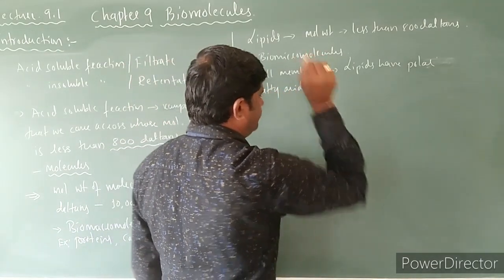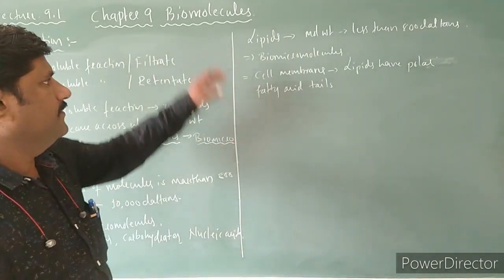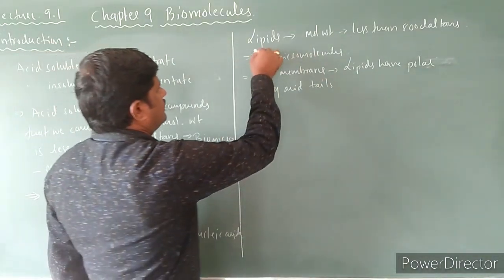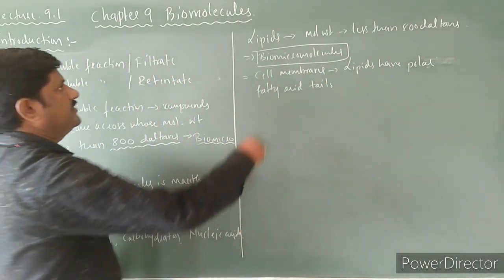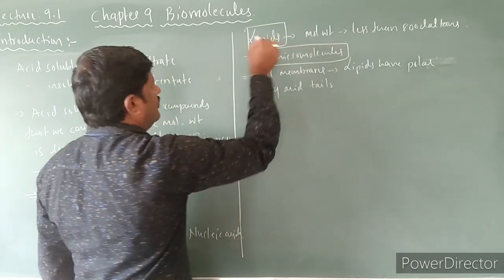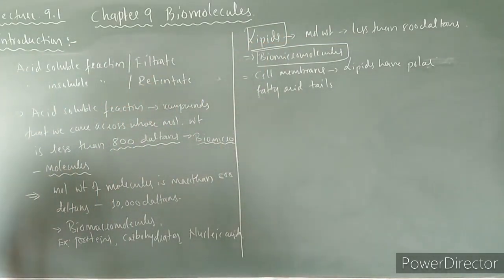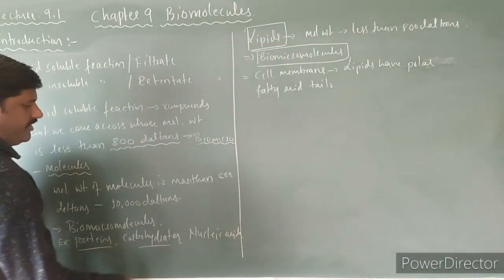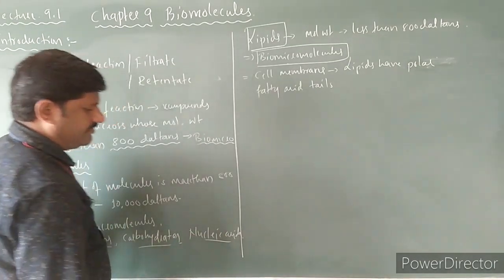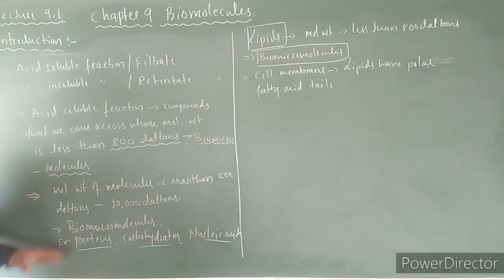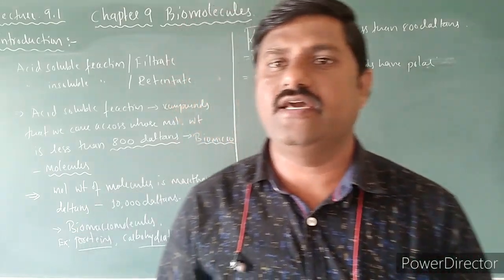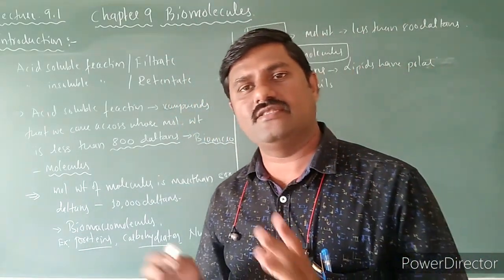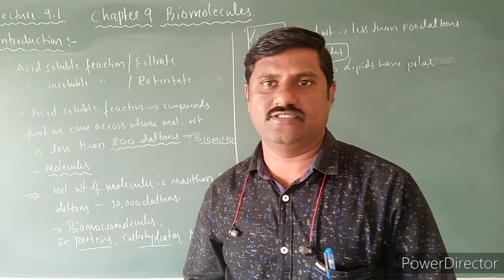So these are considered biomicromolecules. These lipids are not considered biomacromolecules. All the others, like proteins, carbohydrates and nucleic acids, are biomacromolecules whose molecular weight is more than 800 daltons and extends up to 10,000 daltons.